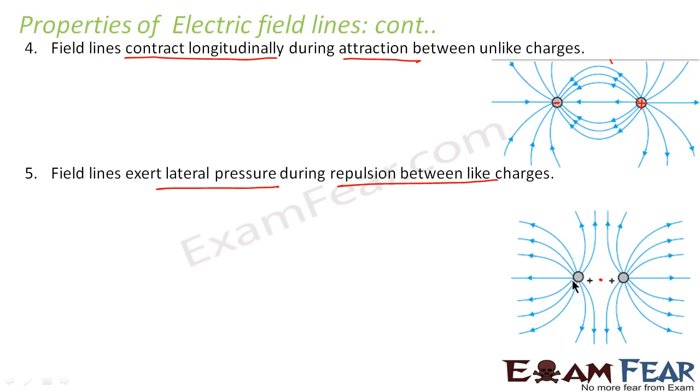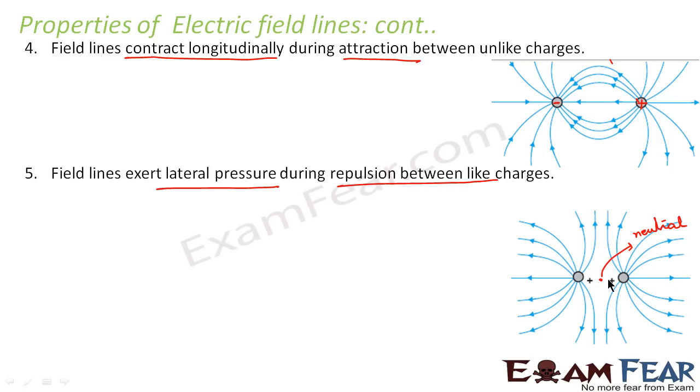Now if the two charges are like charges, but the magnitude of one is larger than the other, then what will be the position of this point? This point is known as the neutral point. Why neutral? Because the electric field intensity at this point is zero. In case both the charges are not equal in magnitude, this point will still lie between the two charges, but it will be closer to the smaller charge.